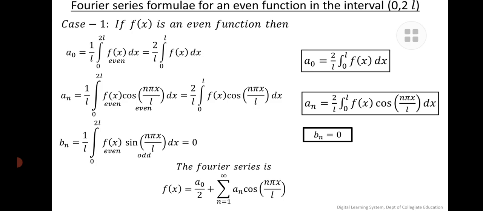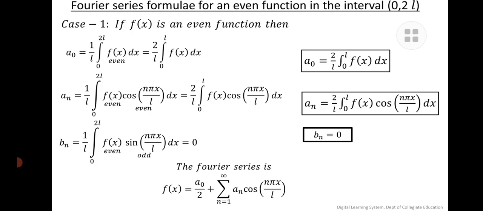In case of the coefficient term bn, 1 divided by l integral 0 to 2l f of x sin n pi x divided by l dx. Here f of x is even, but we know that sine is odd. The product of even and odd is odd.